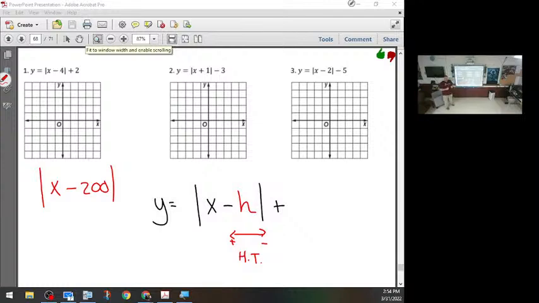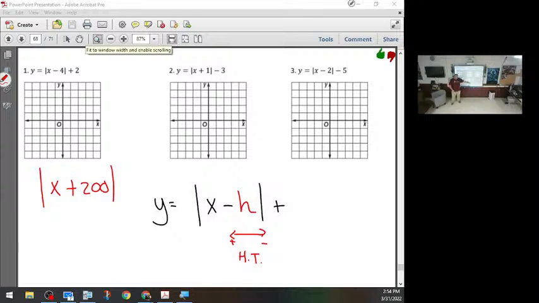What if I'm saving up for my car and grandma sends me a fat check for my birthday? My goal just got closer instead. So that's why whatever's inside the grouping, because it's with my input, has an opposite effect on the graph.